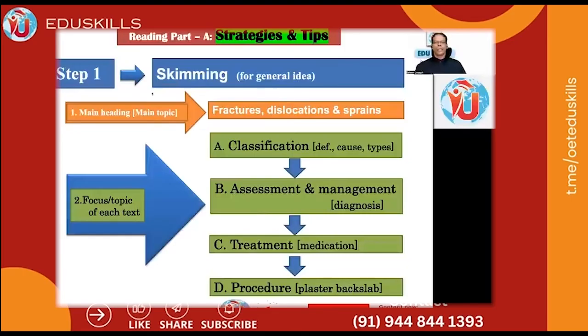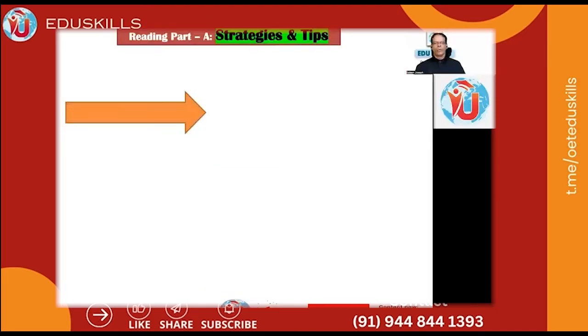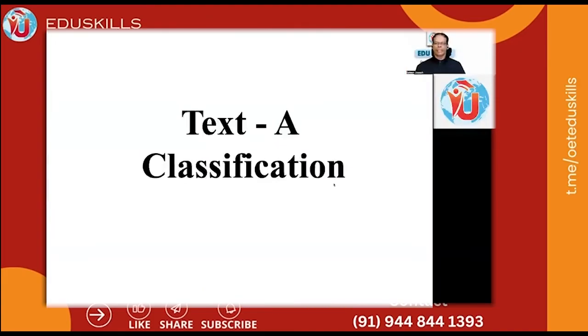This is the main idea you have to skim for. If you do this properly, along with the visualization, foreseeing, and investigation, asking yourself several questions about the main topic, you will definitely get most of the answers from the paragraphs even without reading the whole text. So just to know, there is a sequence.